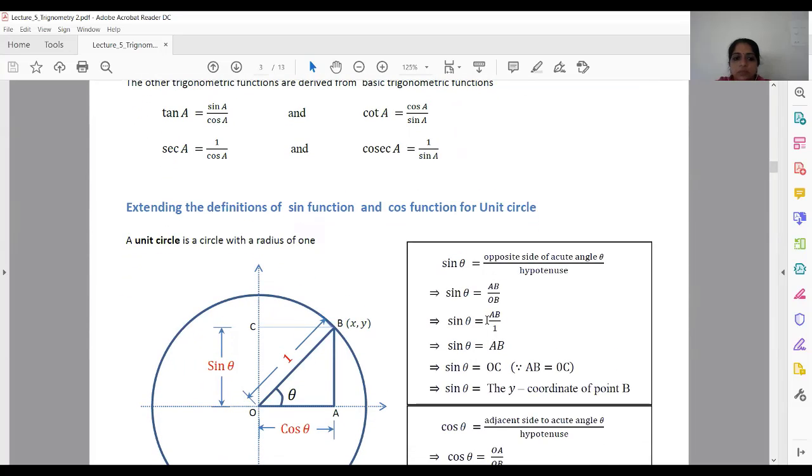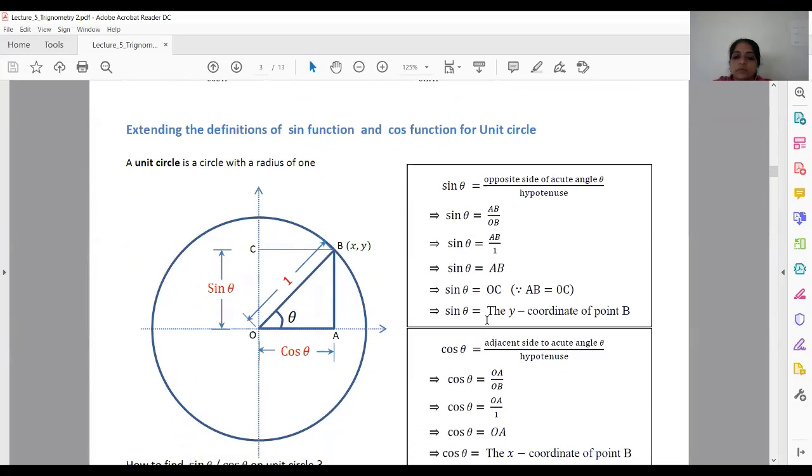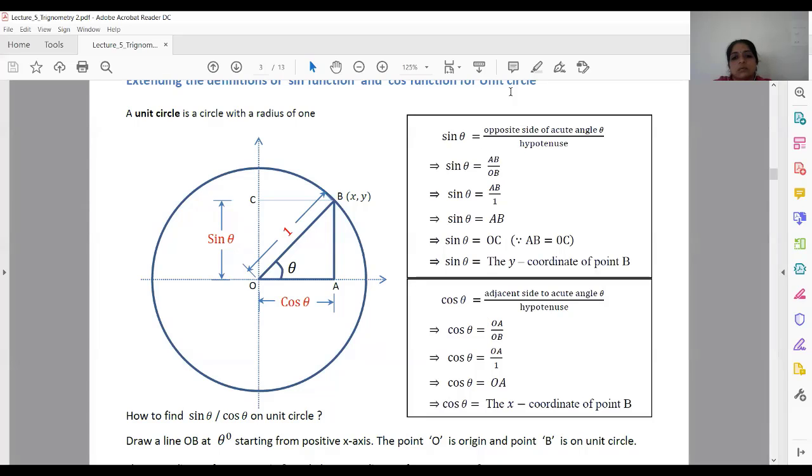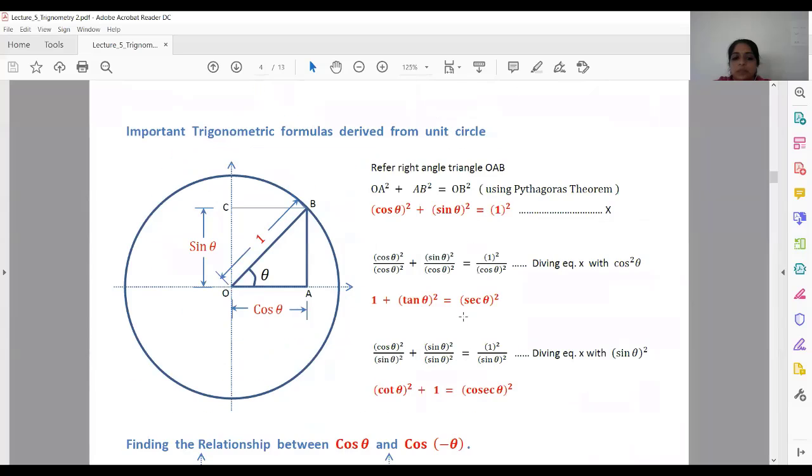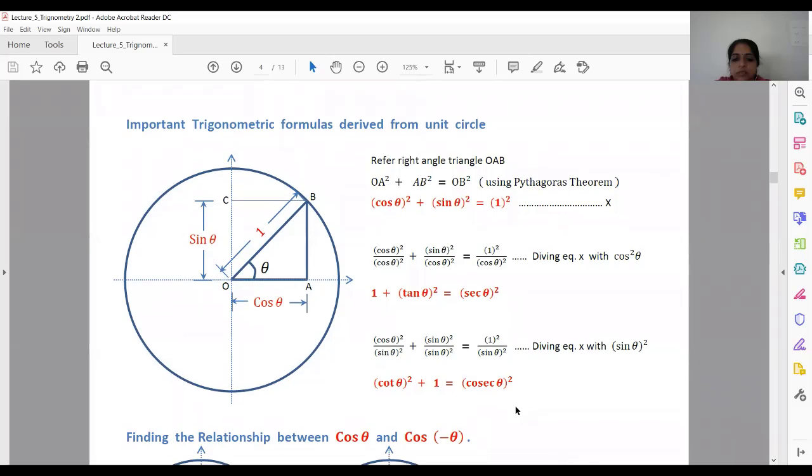Then with the help of the unit circle, we proved the formula of sin theta and cos theta. Next, we proved with the help of the unit circle some important formulas: cos square theta plus sin square theta is equal to 1, 1 plus tan square theta is equal to sec square theta, and 1 plus cot square theta is equal to cosec square theta.